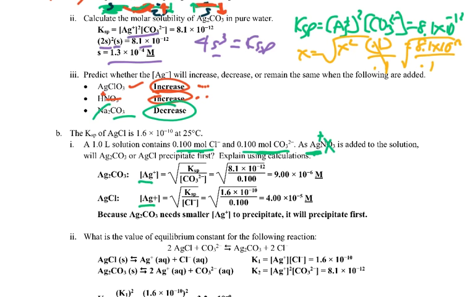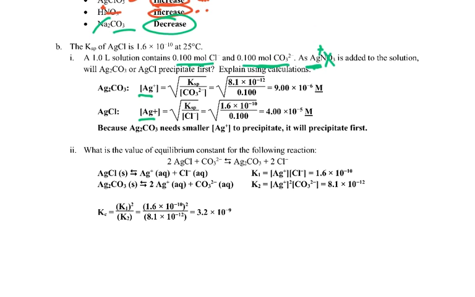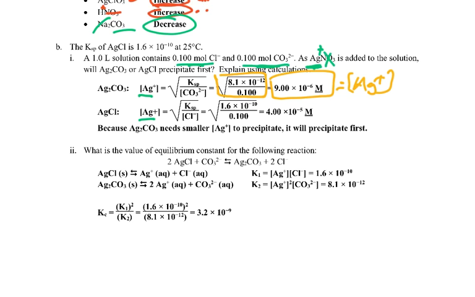So my silver ion concentration equals the square root of 8.1 times 10 to the minus 12 divided by 0.1, which is 9 times 10 to the minus 6. So that is how much silver ion I need in order to start making a precipitate.